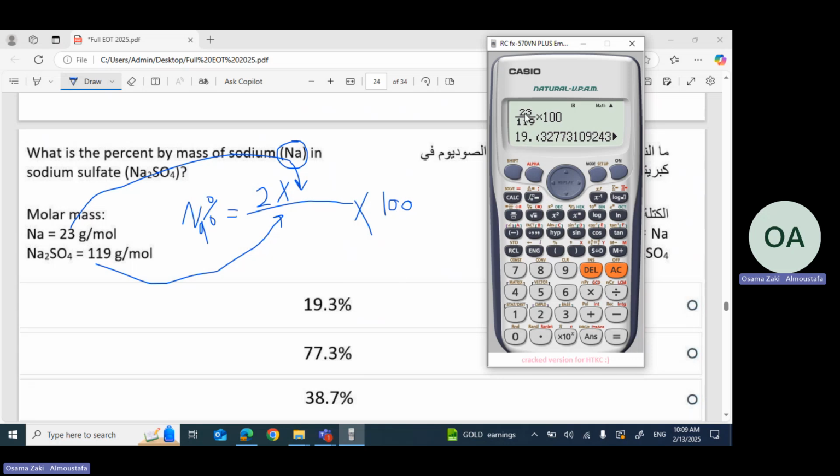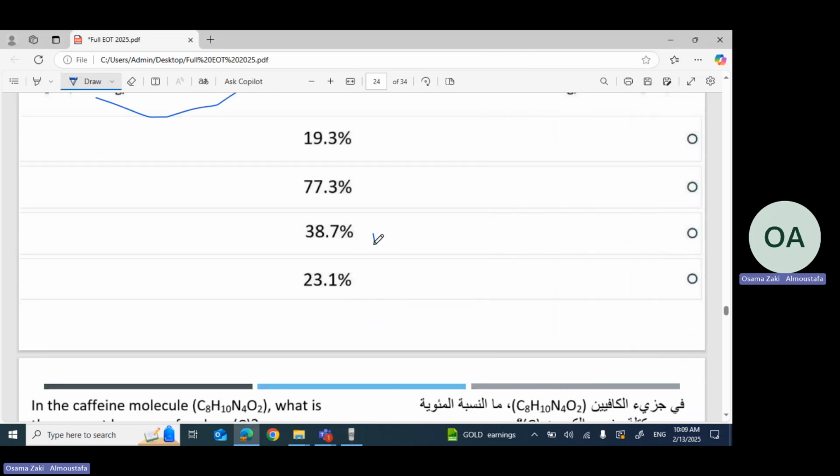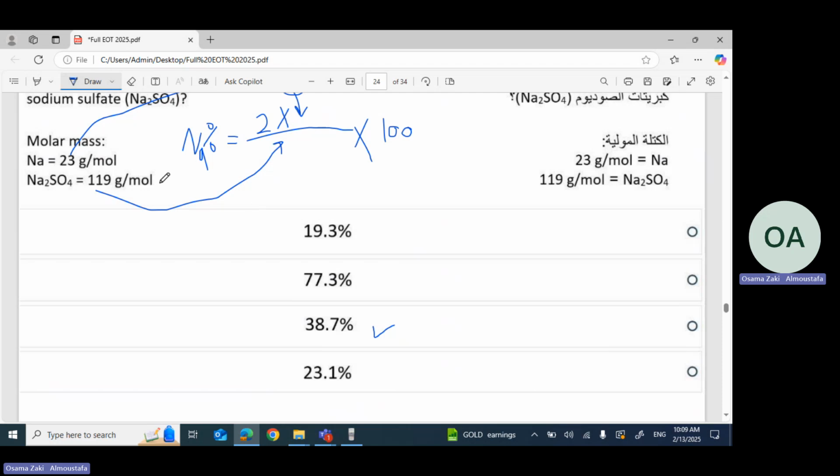So just be careful because here we have 2 times 23 divided by 119, then multiplied by 100. So what do we get? We get this answer, which is 38.65. So this is the correct answer. So just be careful, huh? Don't forget the subscript.